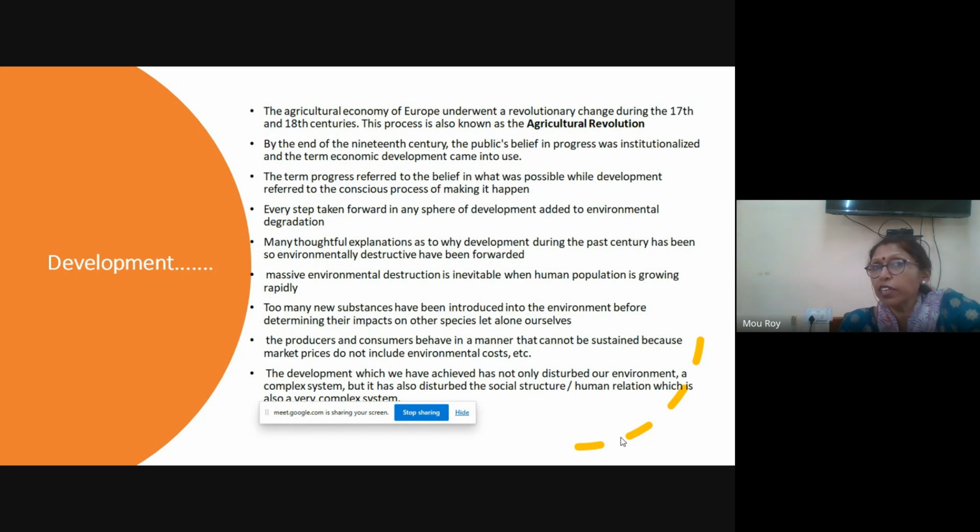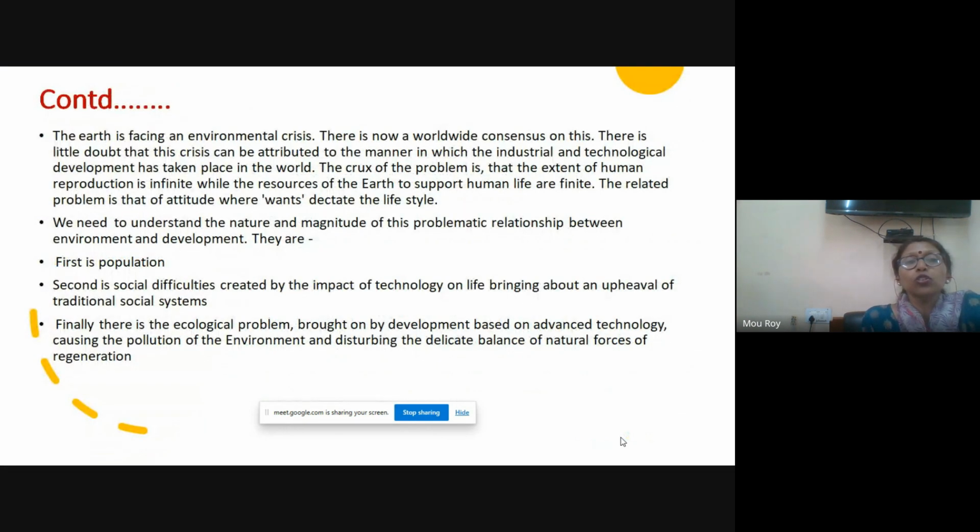The development we have achieved has not only disturbed the environment, but also the social structure and human relations, which is also a very complex system. So today, the earth is facing an environmental crisis.